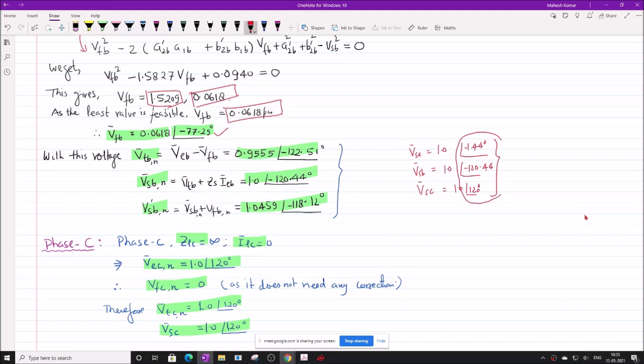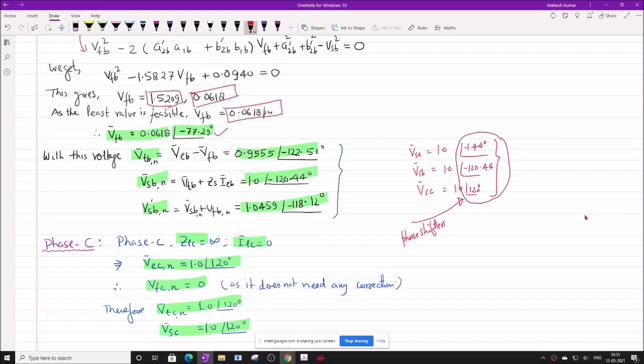But how will we achieve the phase balance? To adjust this phase angle at the source side, we use phase shifters. These phase shifters can be used to adjust these angles so that they satisfy the need of the compensation.